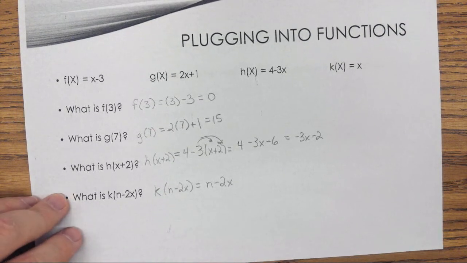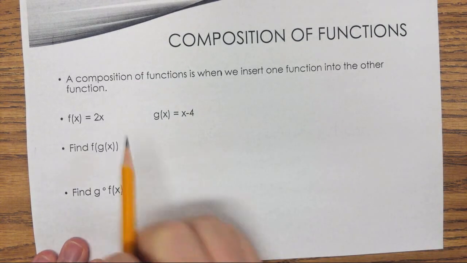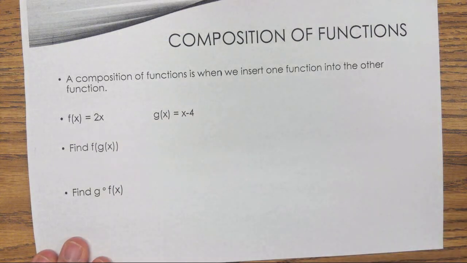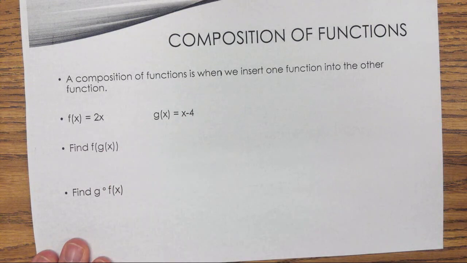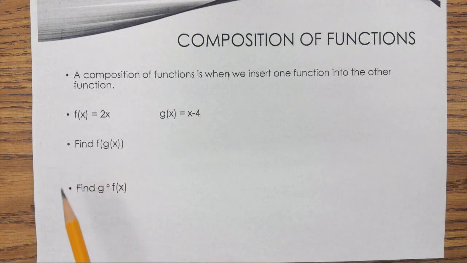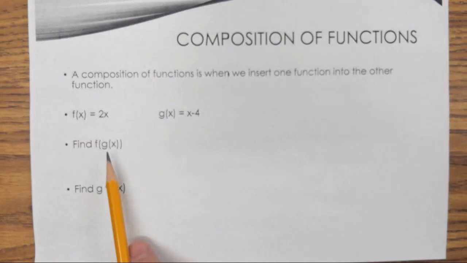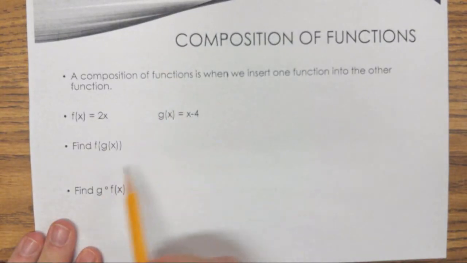Composition of functions is very similar to that. It's the same idea. So composition of functions is when we insert one function into the other function. So I've got these two functions here, f of x equals 2x and g of x equals x minus 4. Well, when we see a composition of functions, just like back here, when we plug these numbers in or these expressions in, instead we're just taking the function and plugging it in here.